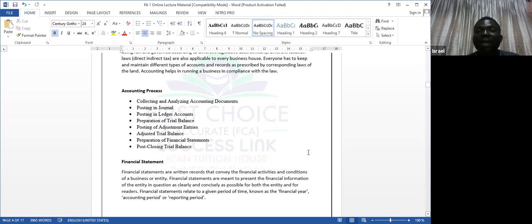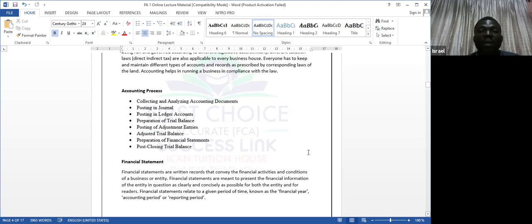It means that when a transaction occurs, the first place where you post it is the journal, and they are date-wise. Then from the journal you post down to your ledger, because the ledger is the principal book of account. You cannot post directly into your ledger without posting in your journal. If you do that, it's possible for you to make errors.